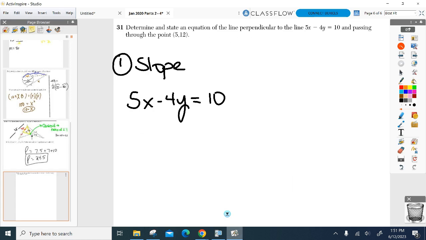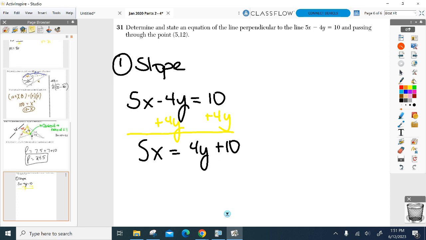Start us off. Subtract the 4y over and subtract the 10. Or add the 4y. So you want me to move the 4y over? Yes. All right. It's positive. I get that. Or you can subtract 5x if anybody wants to do that. So I have 5x equals 4y plus 10.